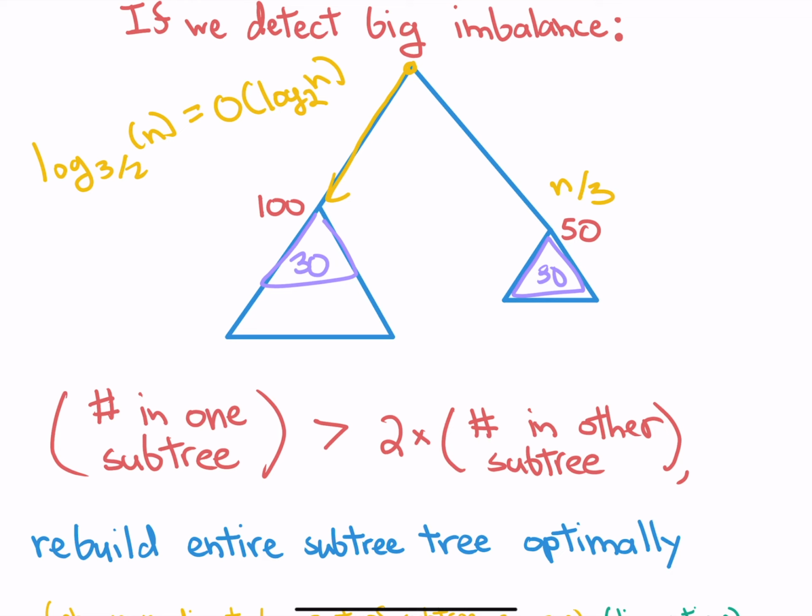So at the very least, the total size must have grown by at least 50%, because one of the two sides must have doubled since the last rebalancing. So if I have to rebalance one particular node in a tree, then the size must have doubled. That's definitely the intuition.